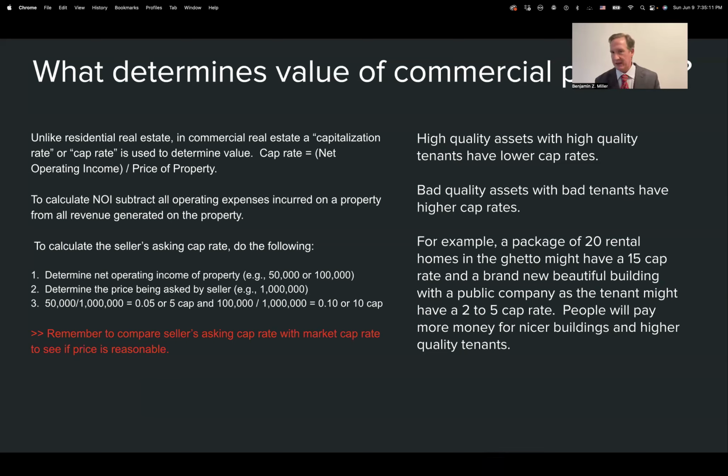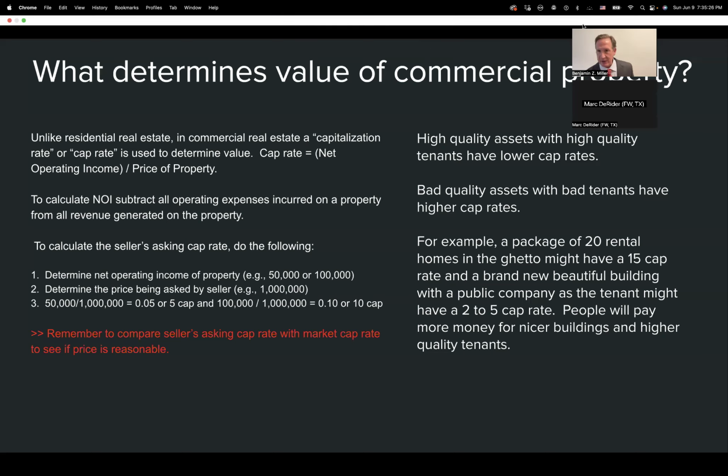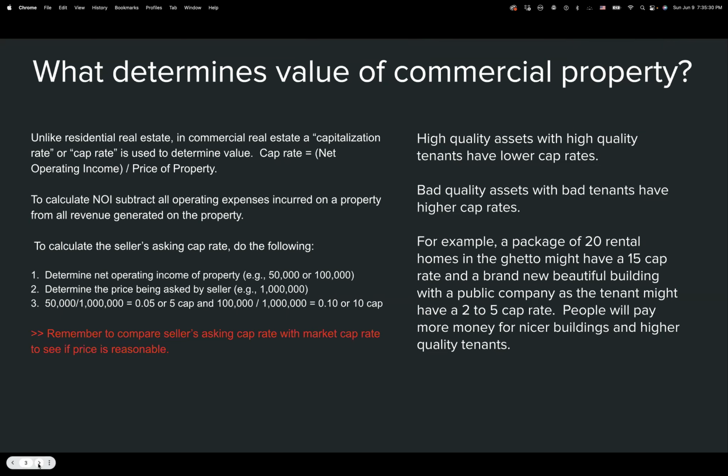It could be a 15 cap rate. And so even though it theoretically produces a lot more income, there's a number of disadvantages to that sort of cap rate. So you don't want to get confused by chasing a high cap rate. That can definitely be a huge, huge problem.